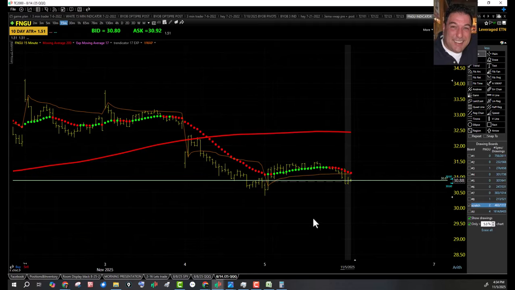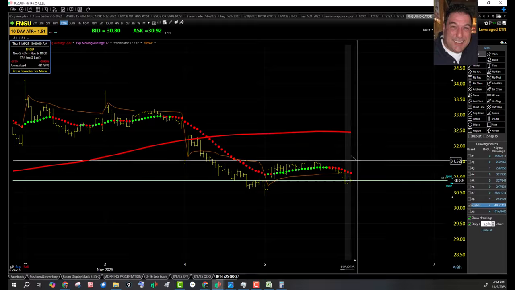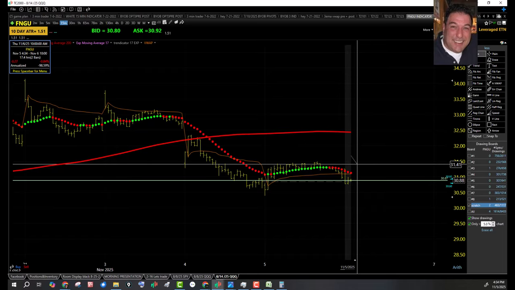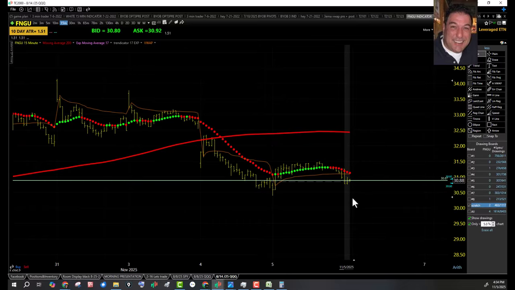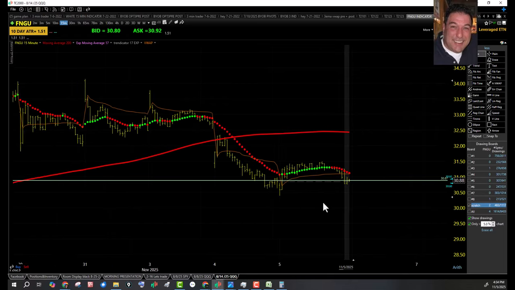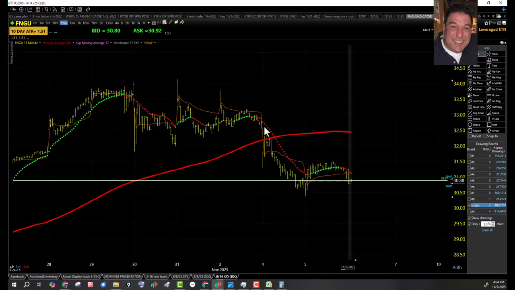FNGU, again, no higher highs made. Okay, so we're still in a 15-minute downtrend. Not making much of a move off of VWAP here. Still caught. Still didn't fill that bearish gap. Still caught underneath this. I'm going to call it a flat 200 now, because it's no longer moving up.